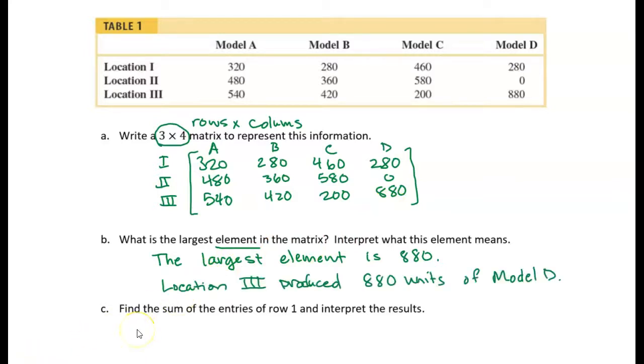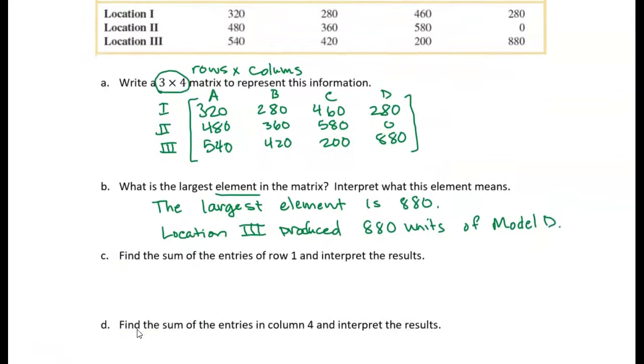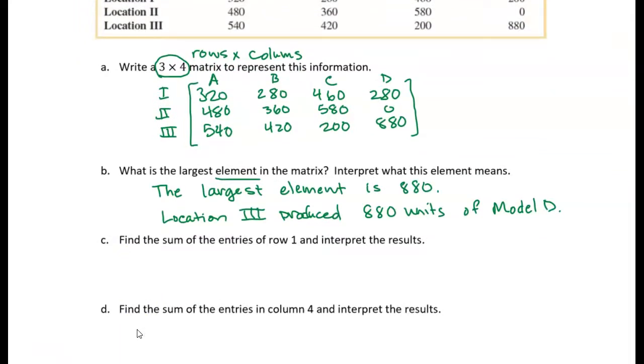All right, so the next question is asking us to find the sum of the entries in row 1. Let's just pull out the entries in row 1. So that's 320 plus 280 plus 460 plus 280. If I put that into my calculator, I got 1,340.